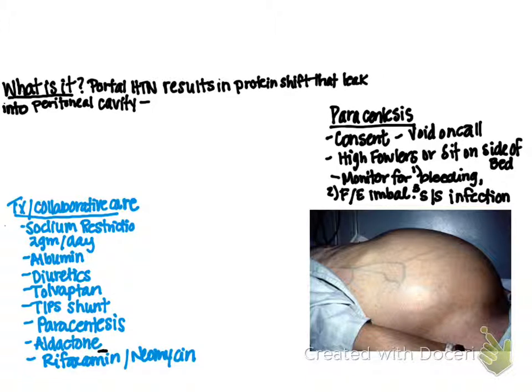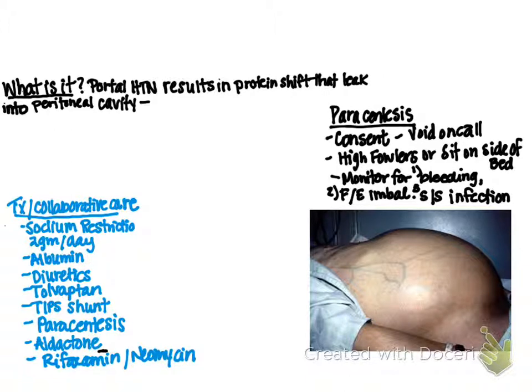What else would you see with someone with portal hypertension? Well, you probably would see some edema in the feet and the ankles. You're going to see low total protein, low albumin. You're also going to see some low B vitamins, folic acid.